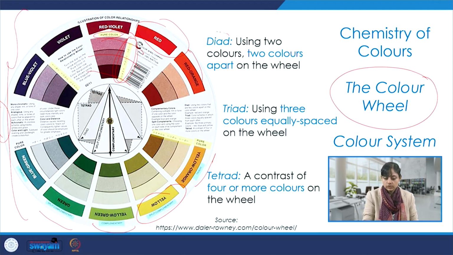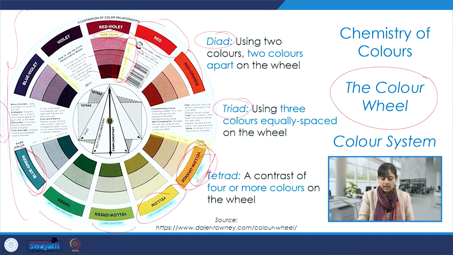But there are more important things to understand in terms of the color system when we look at the color wheel. So, there is dyad, using two colors which are two colors apart on the wheel. There is triad, using three colors equally spaced on the wheel. Like this scheme, if you look at the yellow orange over here and this blue green, they actually are a part of a triad. Then there is tetrad, which is a contrast of four or more colors on the wheel.